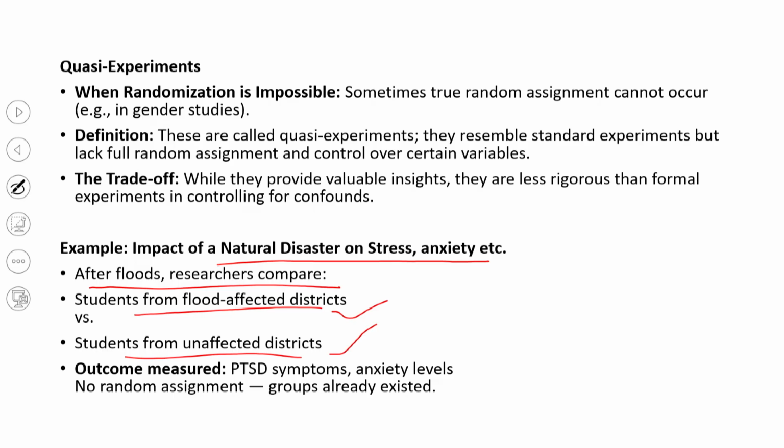Now, you cannot change this. Students who are affected are affected. You cannot randomly say, you go to the affected group, you go to the unaffected group, because it is a natural group. So, these are called quasi experimental, because the groups are already formed. These are not true experiments, but still other factors are seen.